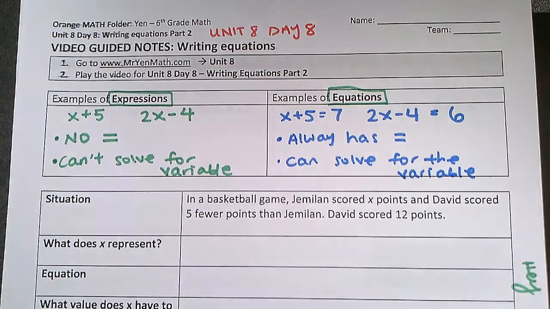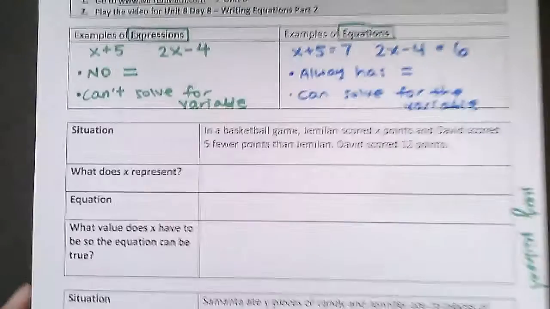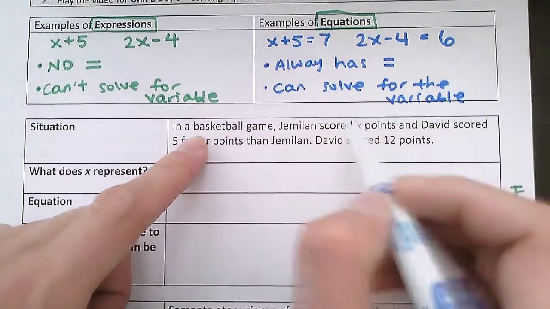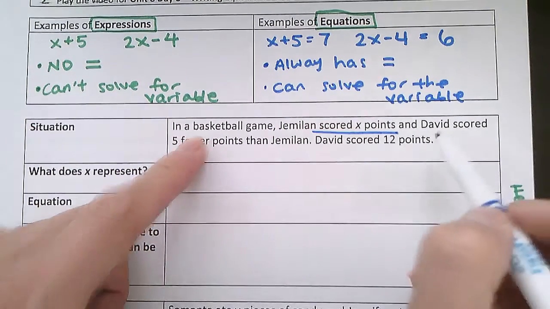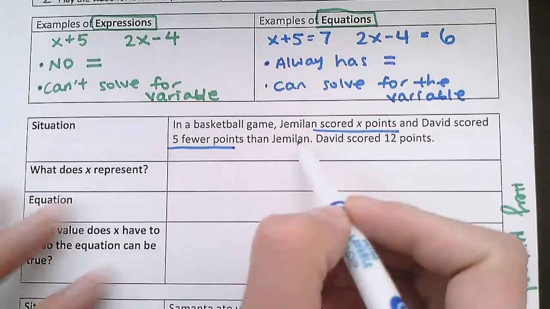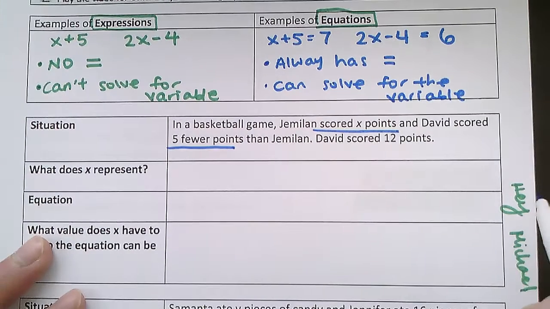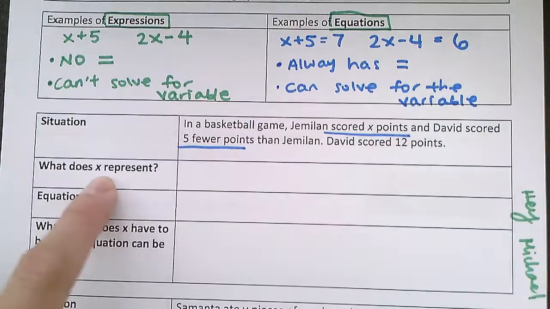Okay, so now let's practice writing some equations. First, let's read our situation. In a basketball game, Jamilan scored X points, and David scored 5 fewer points than Jamilan. David scored 12 points. So the first thing that we want to think about when we're writing an equation with a variable is, what does the variable represent?